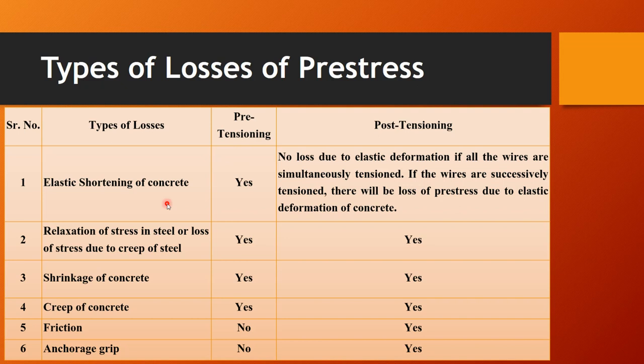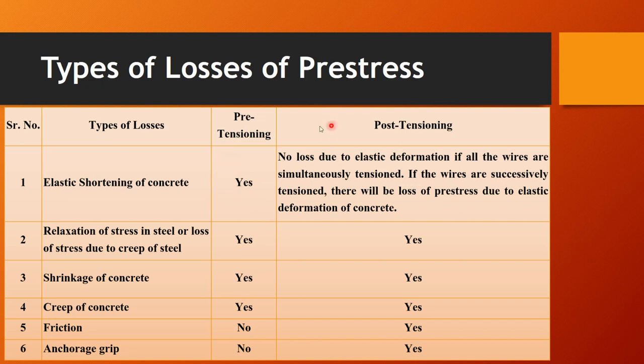As the concrete shortens, the steel provided within that concrete member also contracts, and as that steel contracts, there will be a loss. So that's why it is necessary to discuss the loss of stress due to elastic shortening in case of pretension members. We'll discuss this point one in detail shortly.